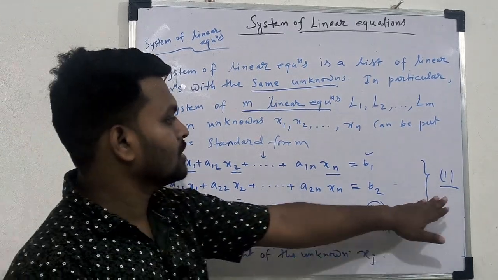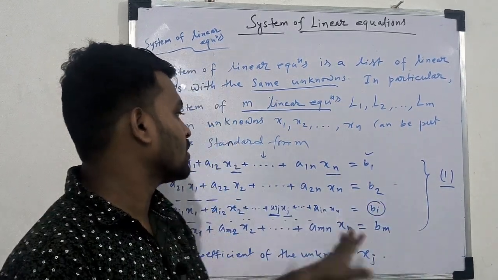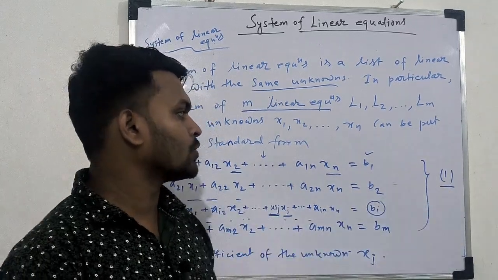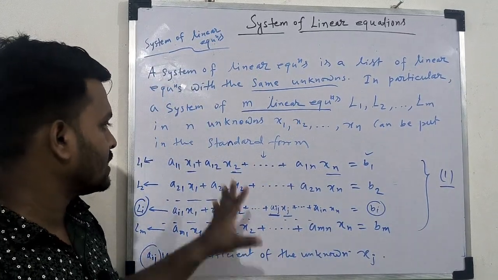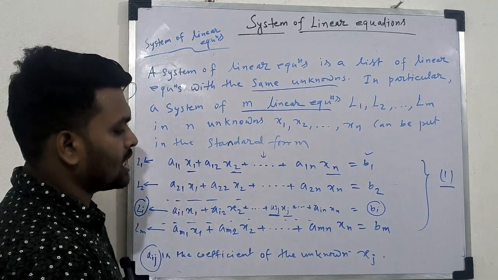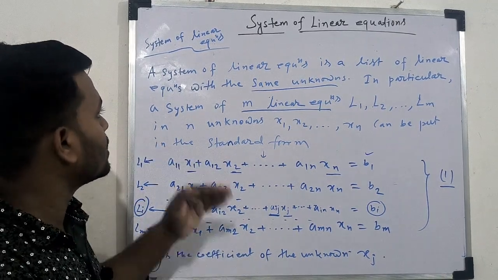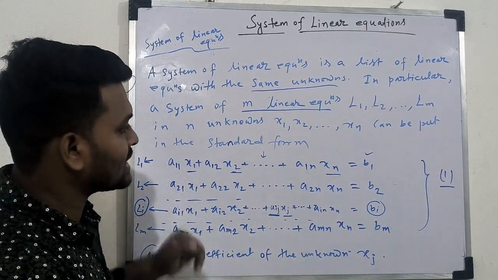We name it 1. This is the main equation, a system of linear equations with m equations and n unknowns.